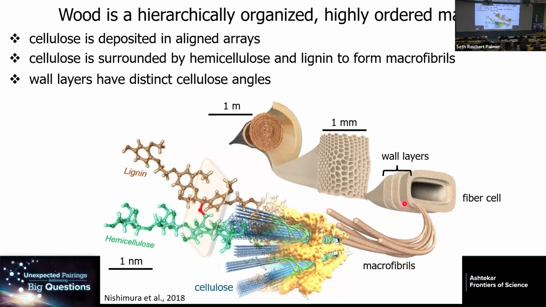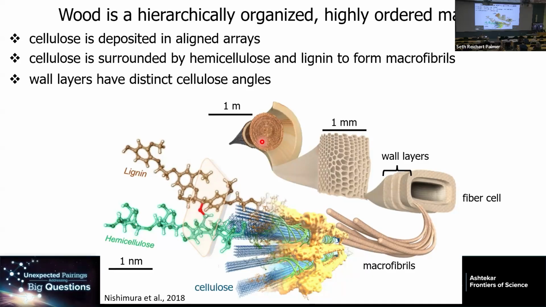These macrofibrils are in turn arranged into different layers of the cell wall in something like a fiber cell, which gives many plants their upright stature. And then those fiber cells are arranged into tissues, which are in turn arranged into tissue layers and organs, and ultimately the body of a tree, right? So we're going all the way from 1 nanometer to 1 meter, or even in the case of large trees, 100 meters. So we're crossing a lot of spatial scales here.